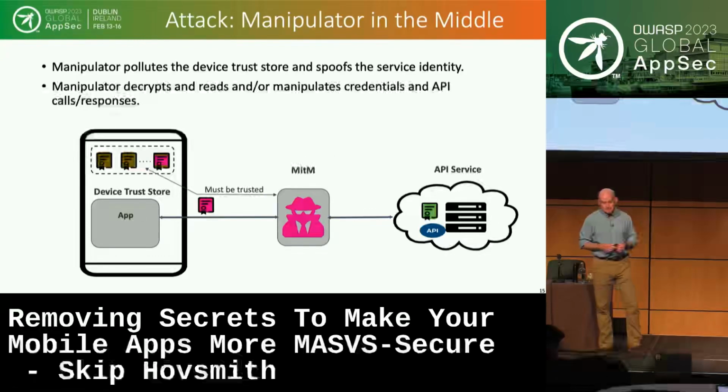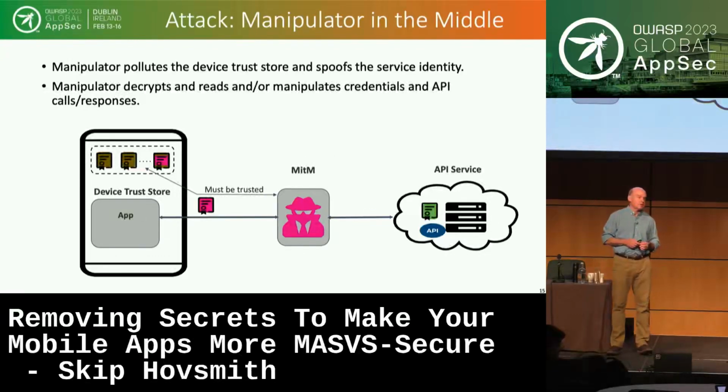The problem with that is that, especially on older versions of Android, a very common attack is to go ahead and create a phony certificate, the one in pink here, and to go ahead and try and insert that into the Android trust store. So when the man-in-the-middle is presenting a certificate that says, I am your service, trust me, the Android operating system will dutifully look in the trust store, walk through those certificates, find the polluted certificates that have been inserted and say, hey, I'm good.